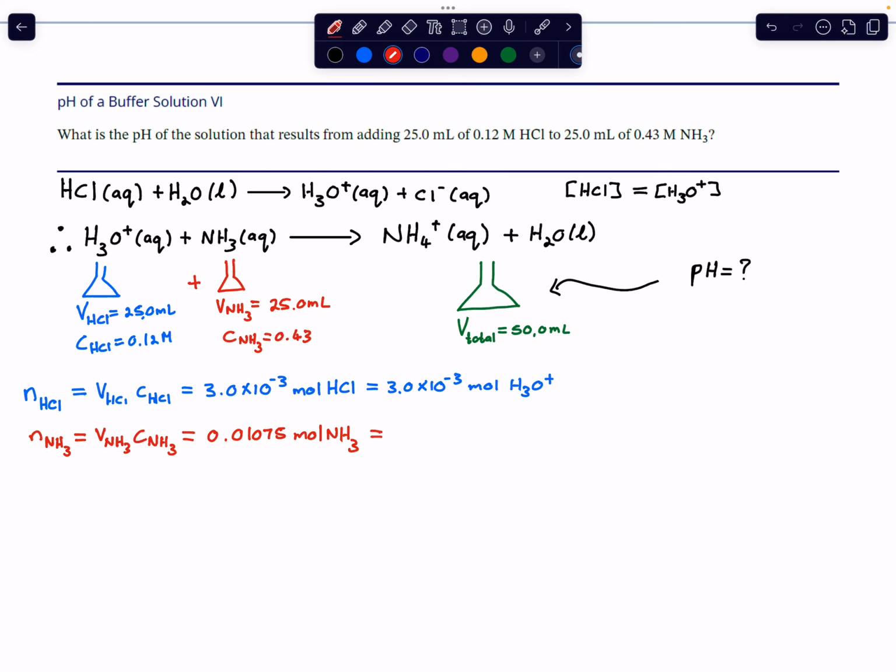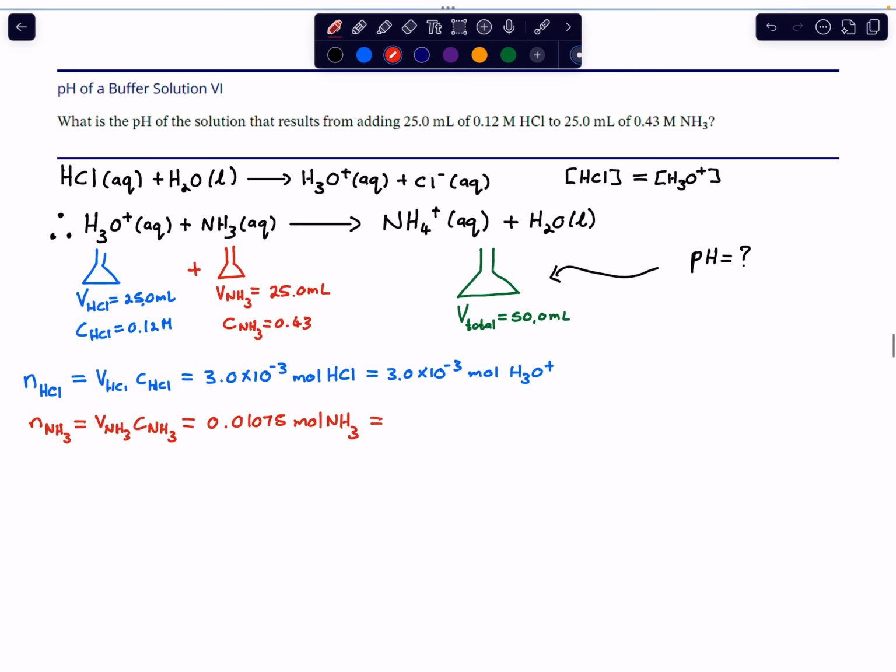And maybe it's also useful to write it in scientific notation, so that is 1.075 times 10 to the negative 2 mole NH3. Okay.